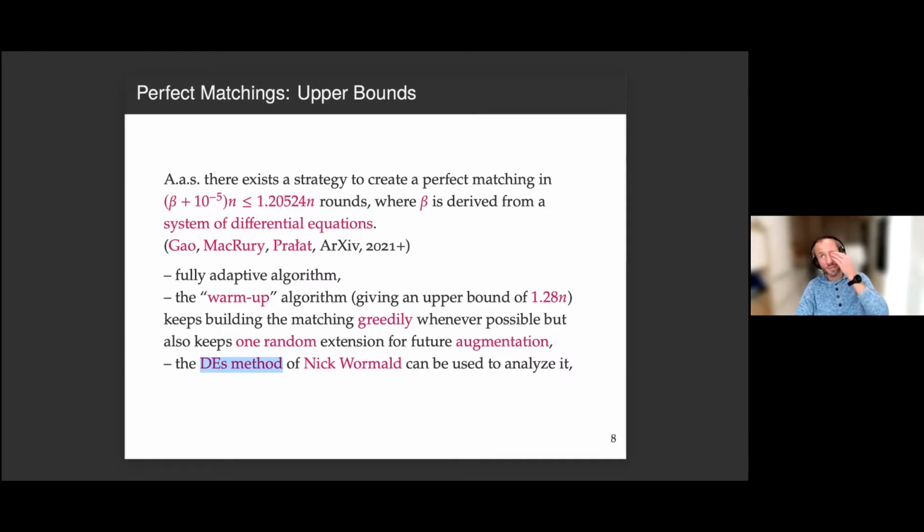You use the differential equation method, which tells you that your random variables, asymptotically almost surely, are very close to the solution of this differential equation. There are some additional properties that need to be checked, such as your system of random variables has to be Lipschitz.